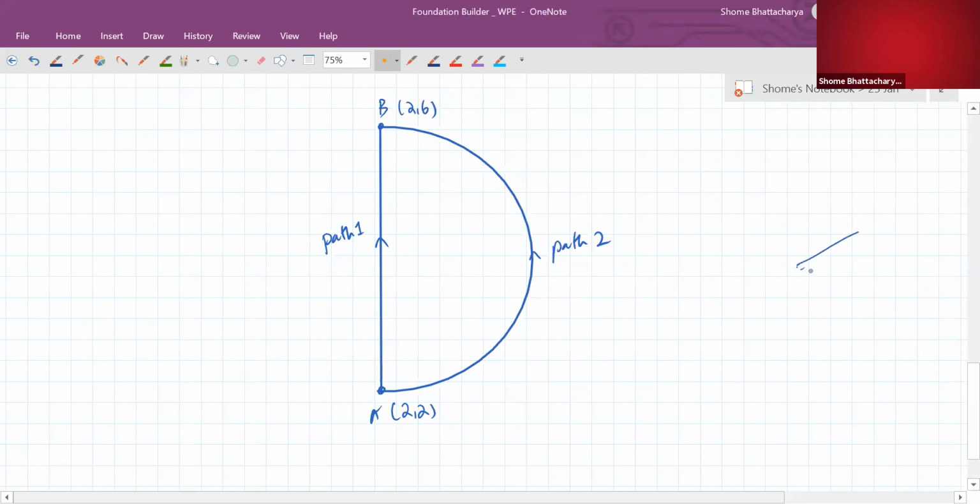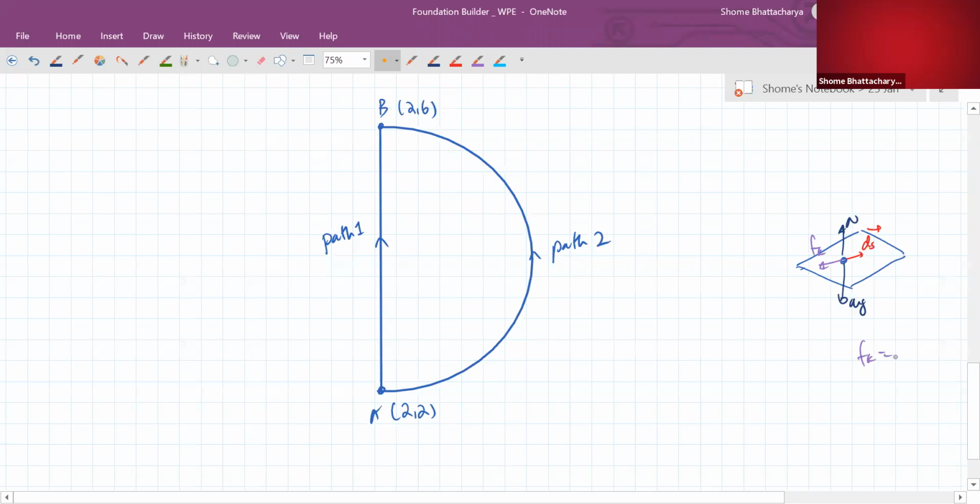Now you will understand that for path 1, mg and the normal reaction are like this. If the displacement of the body is in this direction, the kinetic friction will act in the opposite direction.